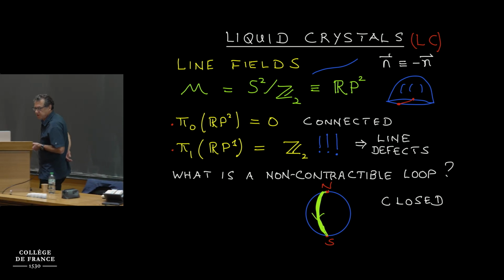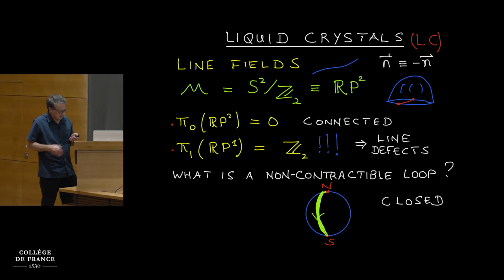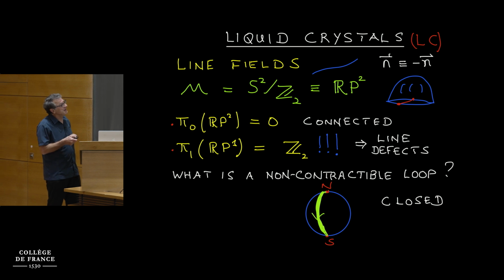And how can you understand that? You take a loop on this RP2. Here, say, if I take a loop that just goes around in any part of this hemisphere or all the way down, I can clearly contract it to a point, right? But now let's take a loop. Let's take a path from the North Pole to the South Pole, or any point to its inverted point.